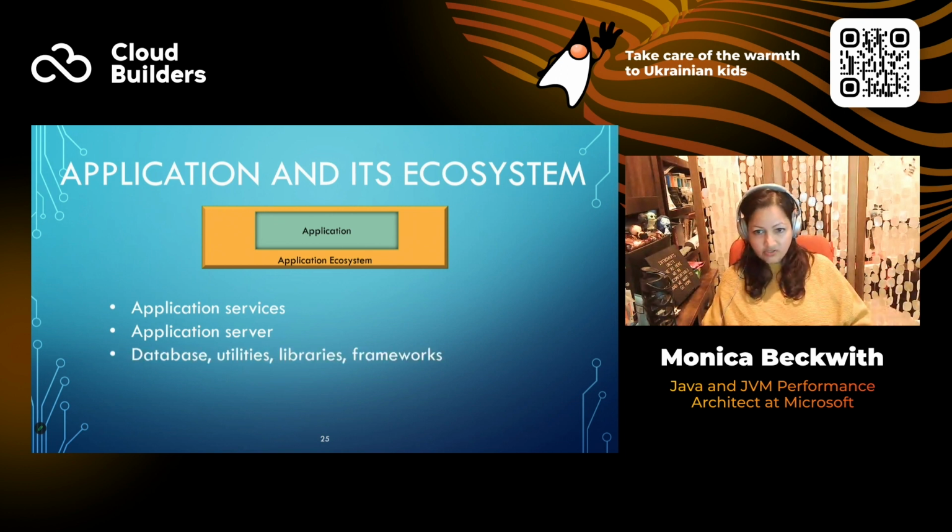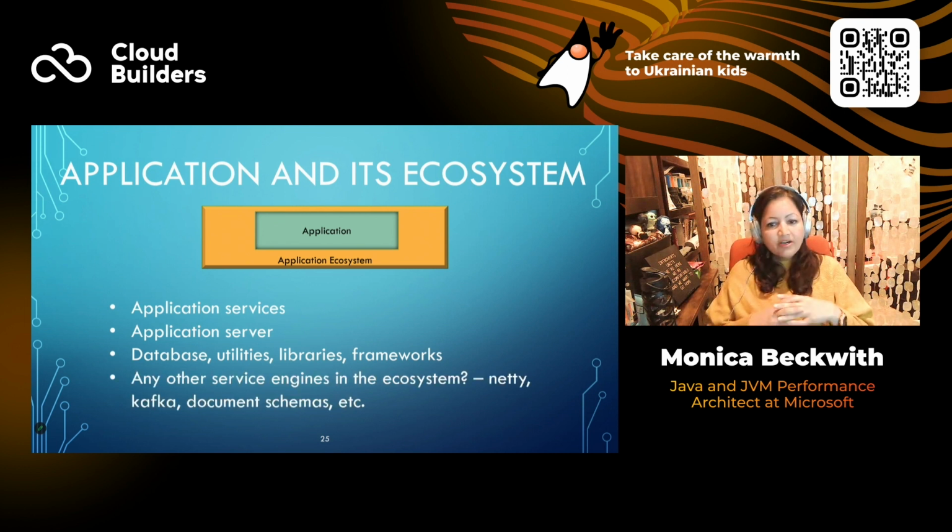Apart from your services in your server, like your Java process, you could have various other interactions happening, and that constitutes your application's ecosystem. You could have utilities, libraries, frameworks, a database, like I said. What about any other service engines? I mentioned Netty. You could have Kafka streams, document schemas, any of those things that constitute the application and ecosystem layer, okay?